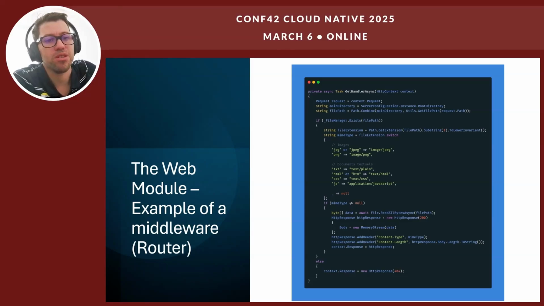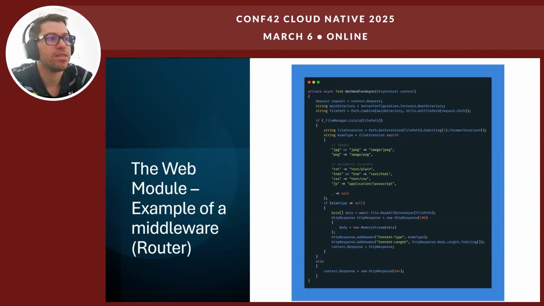Since we are in the middleware, let's take a moment also to see how we create an HTTP response for a resource that exists. Let's imagine that the request is for the file index.html. The router middleware will look for this file in the main directory, so the www directory of your web server, and if we find it, it will generate an HTTP response with all the necessary metadata.